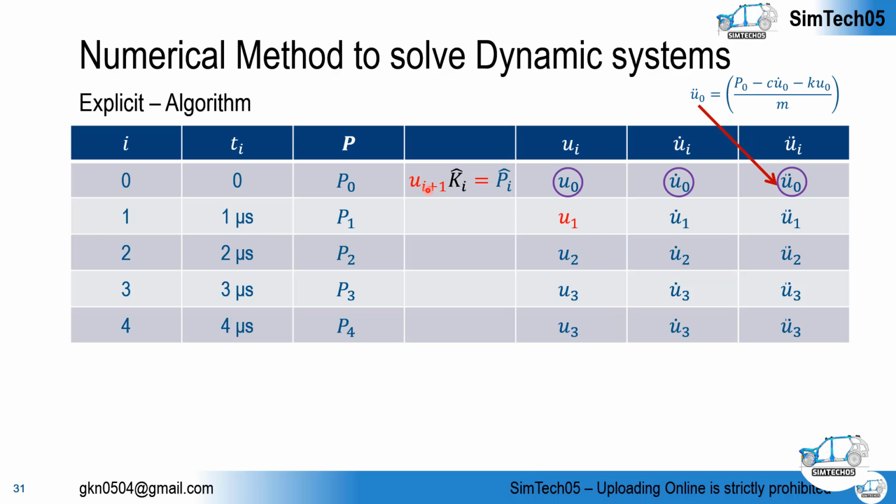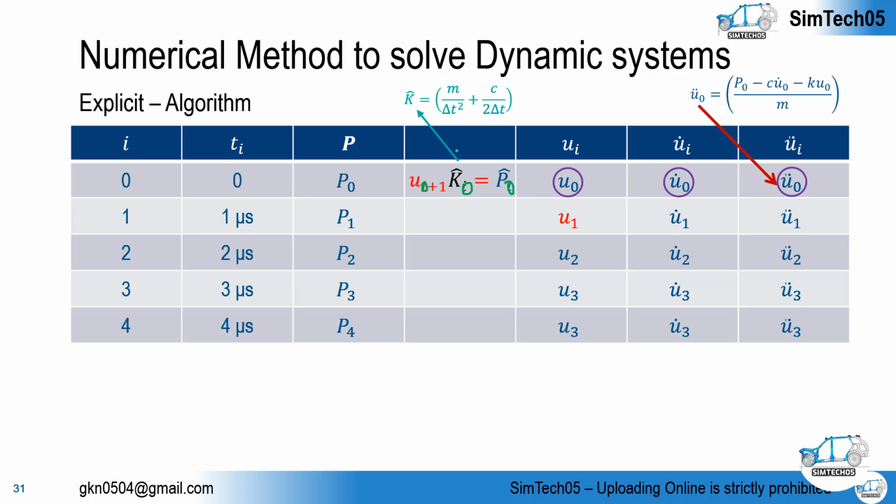So let me go with the marker pen. So I have to put 0, 0, 0 and 0. So u1 now we can find.